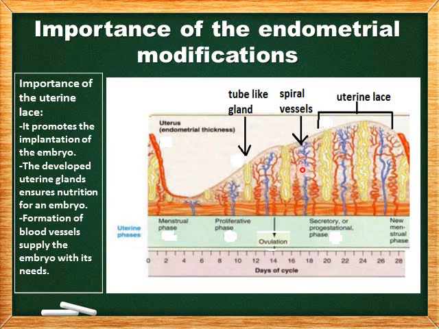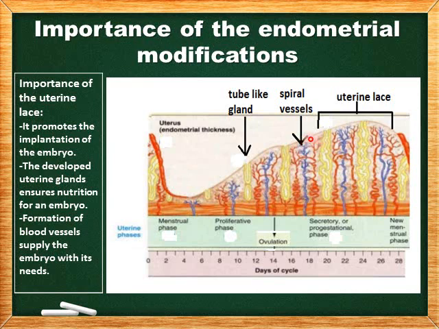In addition, more and more blood vessels, as you see here. These blood vessels take a spiral shape, and the endometrium becomes very rich in them because, as you know, blood gives oxygen and nutritive substances, and it helps in the survival of the embryo.